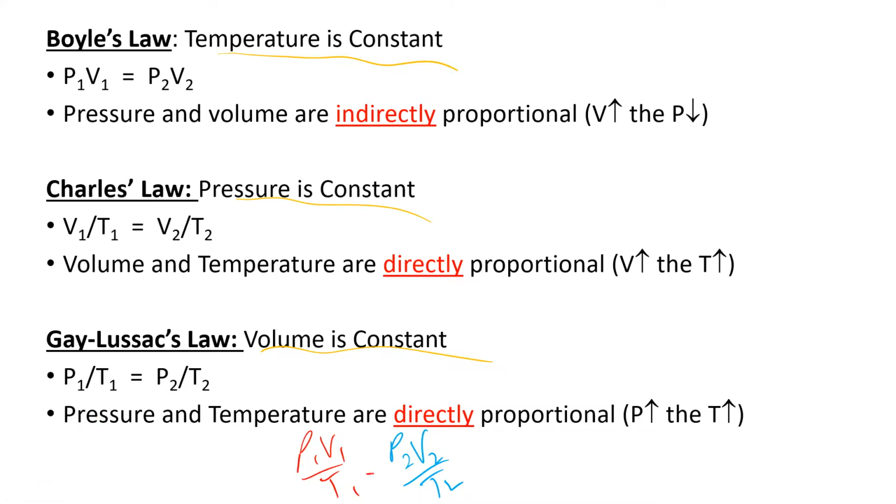And whichever one is constant, you just drop out. If temperature is constant, then you drop out the temperature. If pressure is constant, you drop out the pressure. And if volume is constant, you drop out the volume. So rather than memorize all these equations, it's just nice to memorize one equation. And if the question doesn't talk about one of the variables, then you just don't deal with it.